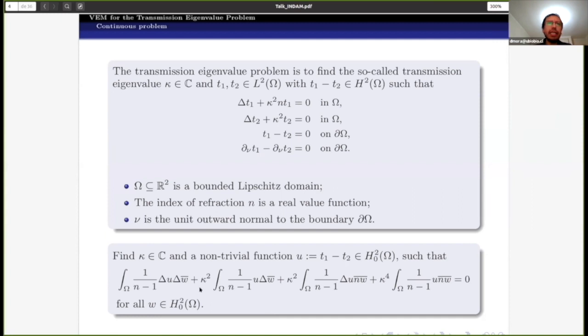It is the so-called quadratic eigenvalue problem. Here we have kappa squared, and here kappa to the power 4. So we have to find a way to solve this problem.